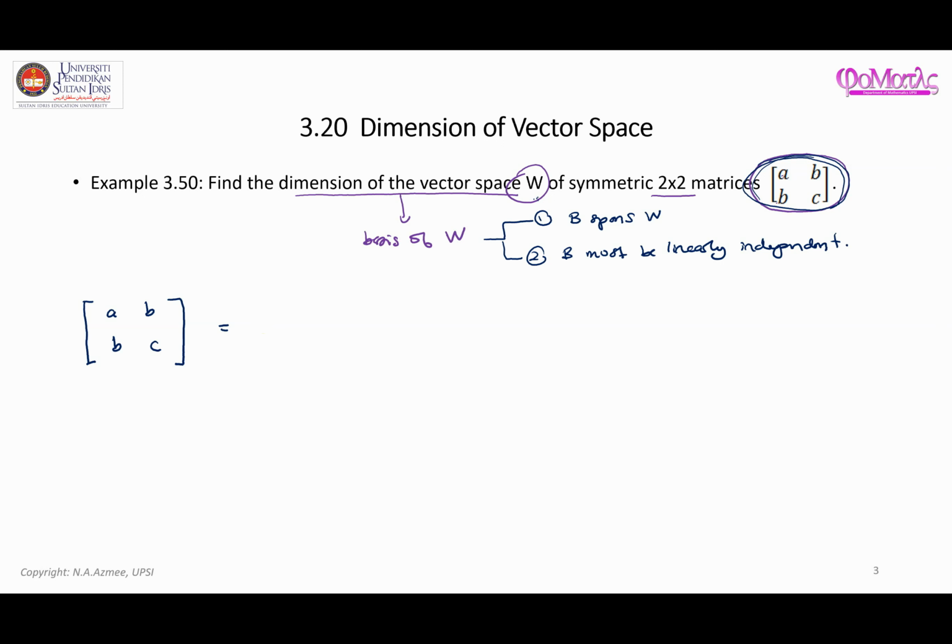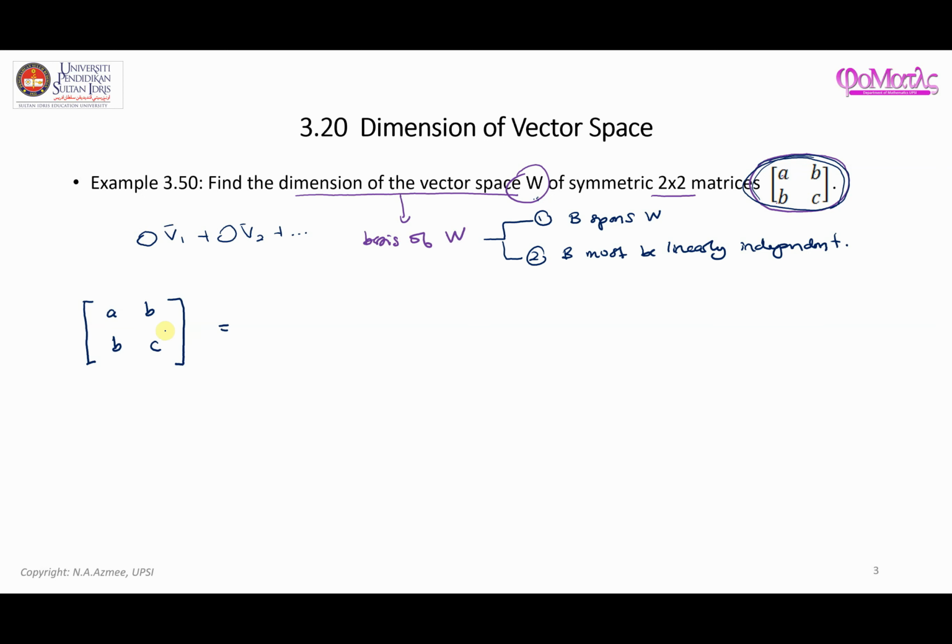What I'm trying to say is, can you come up with a linear combination of something times the first vector plus something times the second vector and so on, such that this is the result that you will get?